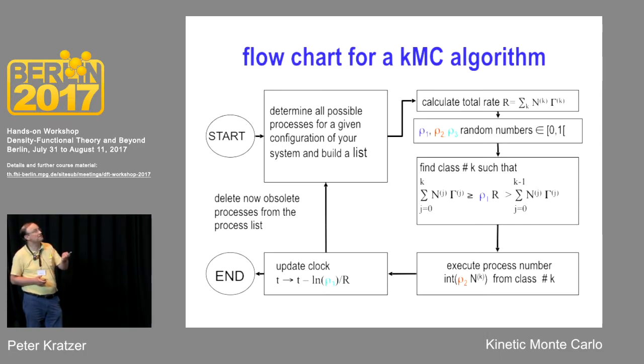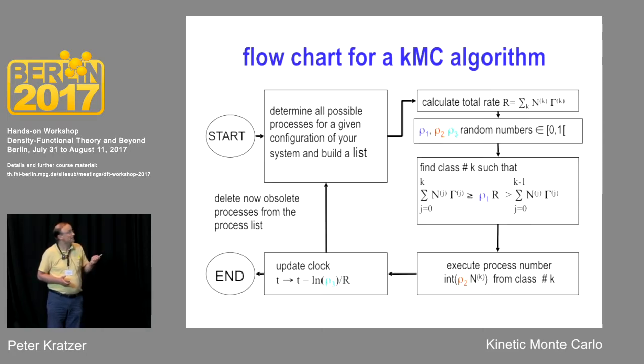So you compare this to the partial sums and say if this random number falls in between sum to k and sum to k minus 1, then it means now you have selected process type k. For example, horizontal move. And then you need a second random number to select which atom does this move. That is quite easy, just by taking the integer of this product.